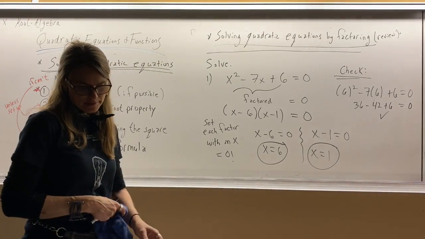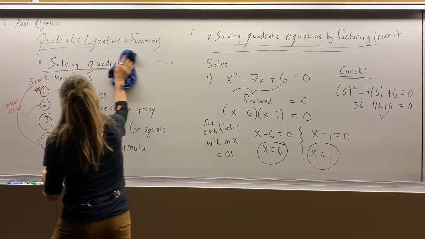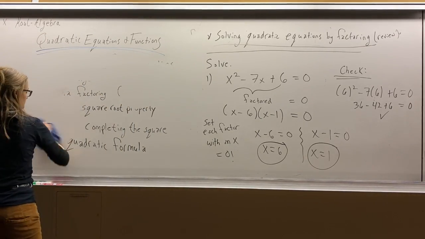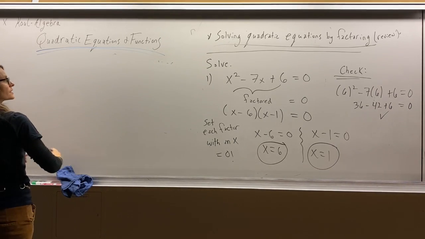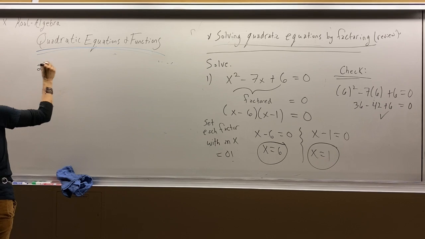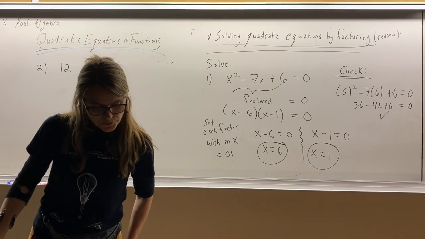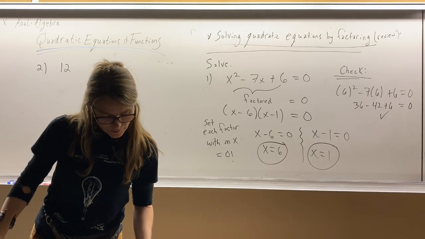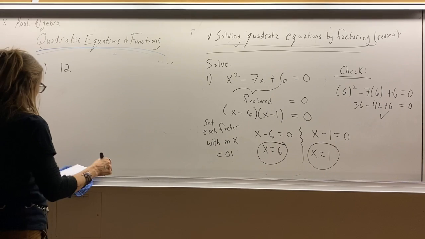Let's say we had 12 minus 2x squared equal to 5x. Oh, this is a good one.